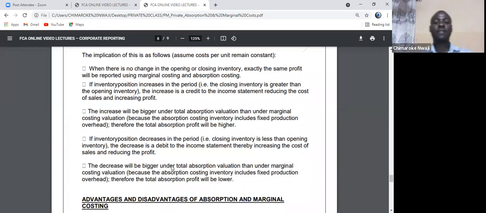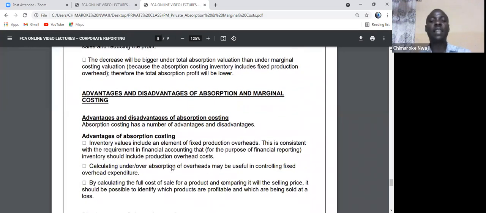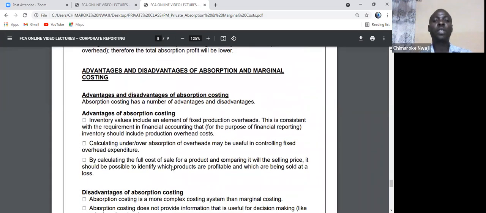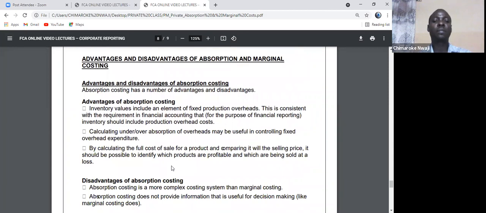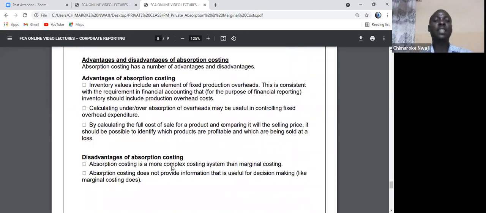Now look at the advantages and disadvantages of absorption and marginal costing. Now, as advantages of absorption costing here, inventory includes elements of fixed production overhead. So when you are doing absorption costing, you will see elements of fixed production overhead in it.